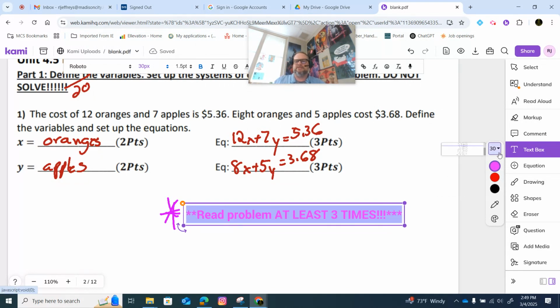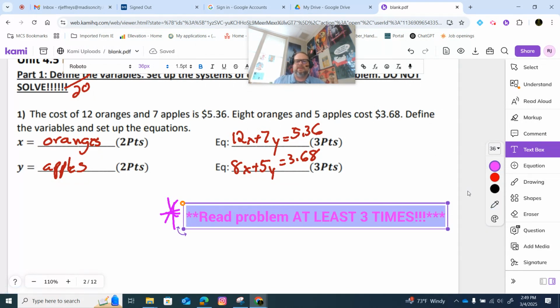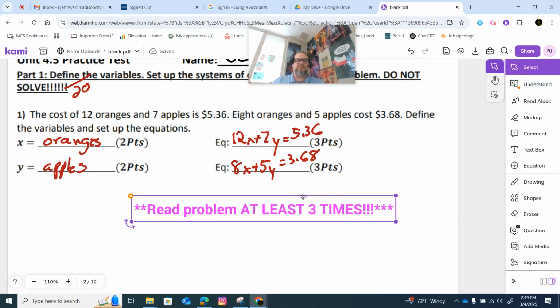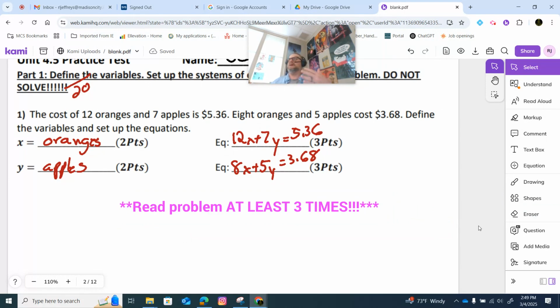At least 3 times. Now, if you can get it on 2, good. Sometimes you might want to read more than once on this. That would be a good note to be writing down on your practice test instead of looking at your phone. That way I don't have to answer so many questions tomorrow like, hey, why haven't I seen this stuff before?